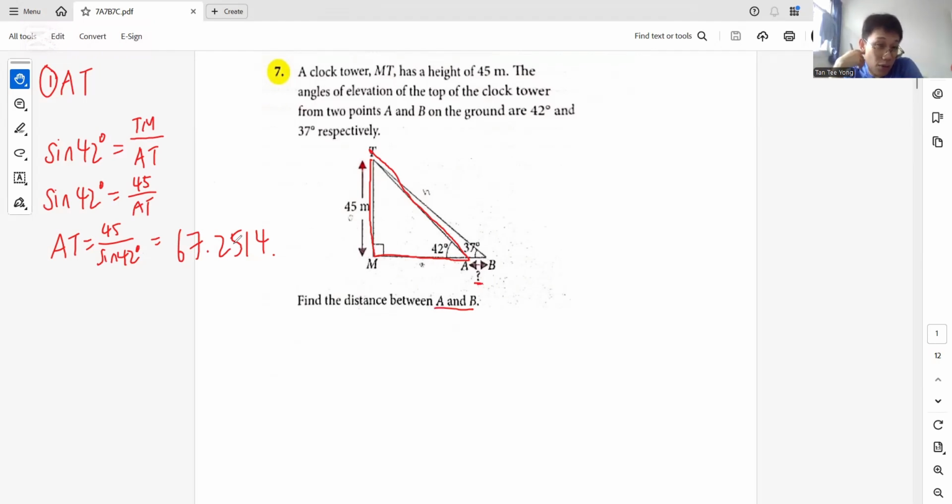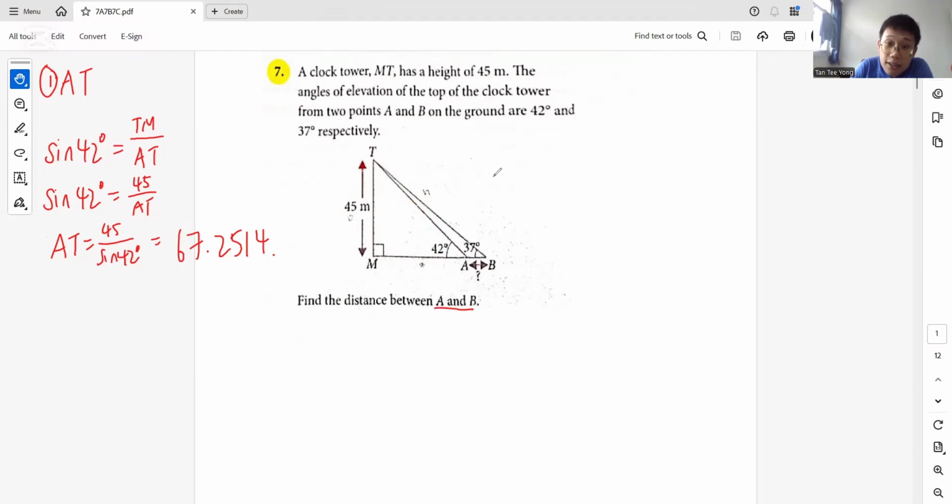That's not the final answer, so I will definitely need to keep 5 significant figures or more. After finding AT, now we need to find out our angle TAB.